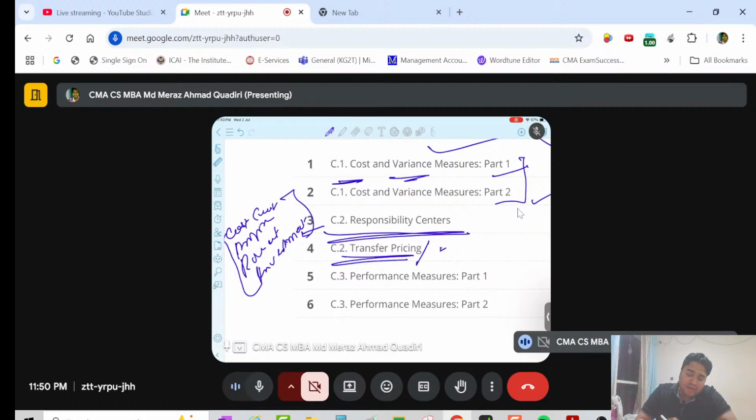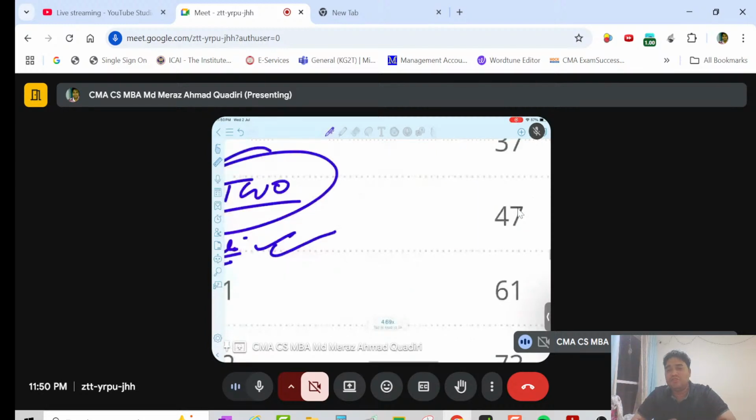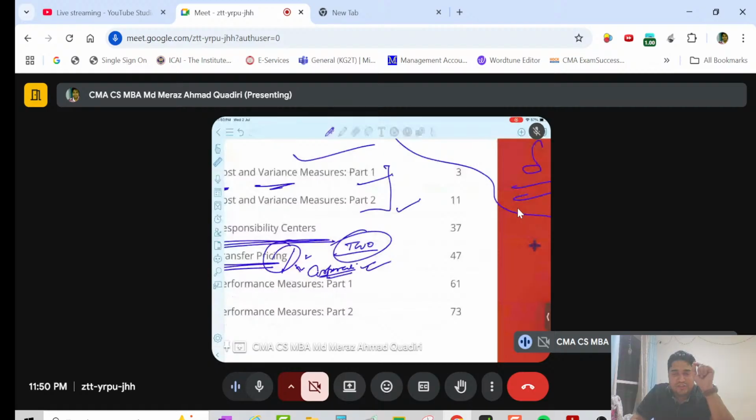Now in UAE, for transfer pricing, TP, you need to know it because of the corporate tax implementation. So in transfer pricing you will learn the different methods of charging the transfer price from one department to another. Why is it important?